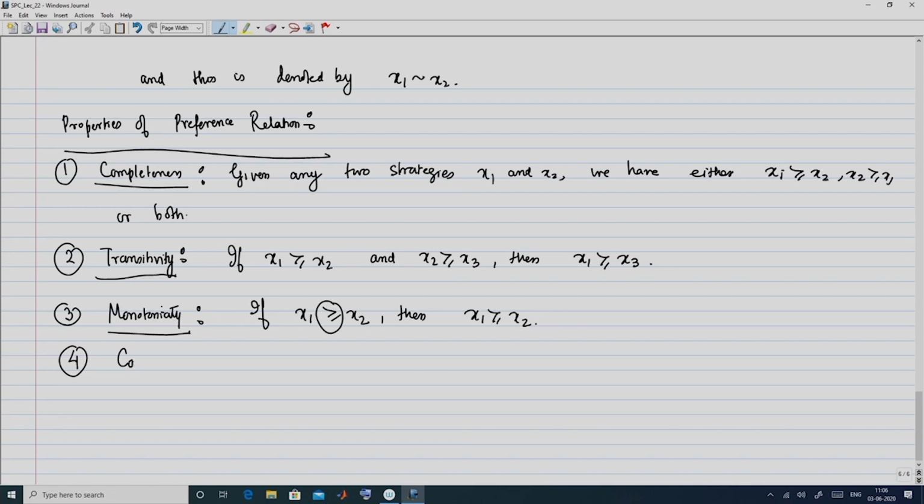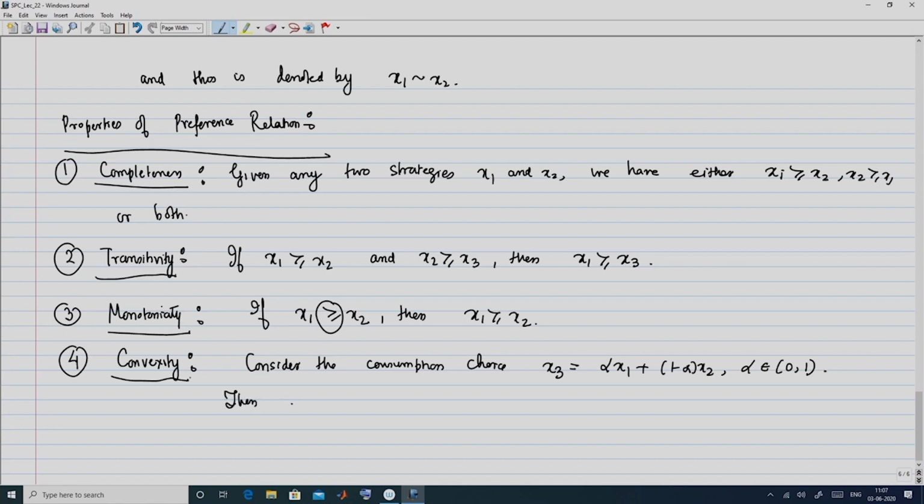And finally, we have the condition of convexity. In this case we start off with 2 consumptions x1 and x2, and we consider the consumption choice x3, given by some linear combination alpha x1 plus 1 minus alpha x2, of course, where alpha strictly lies in the open interval 0 1.